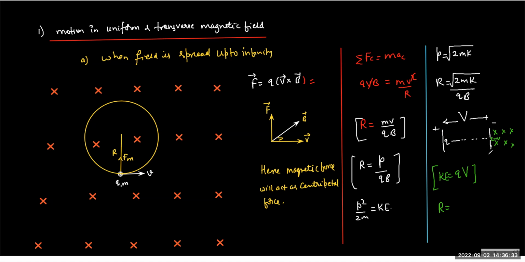I think this is still not clear, right? It's like if I have given that kinetic energy through the acceleration mechanism before it made its way into the magnetic field region, or I have first accelerated the particle and then I switched on the magnetic field. There are many ways in which I can achieve this.